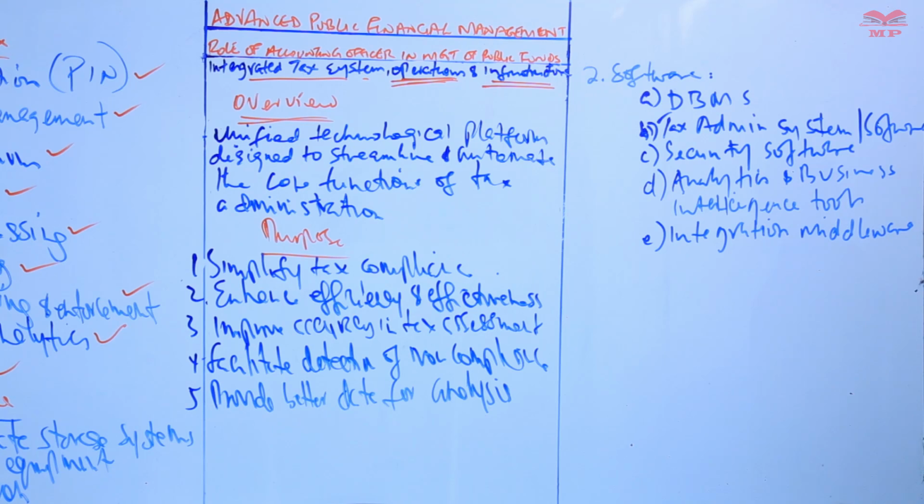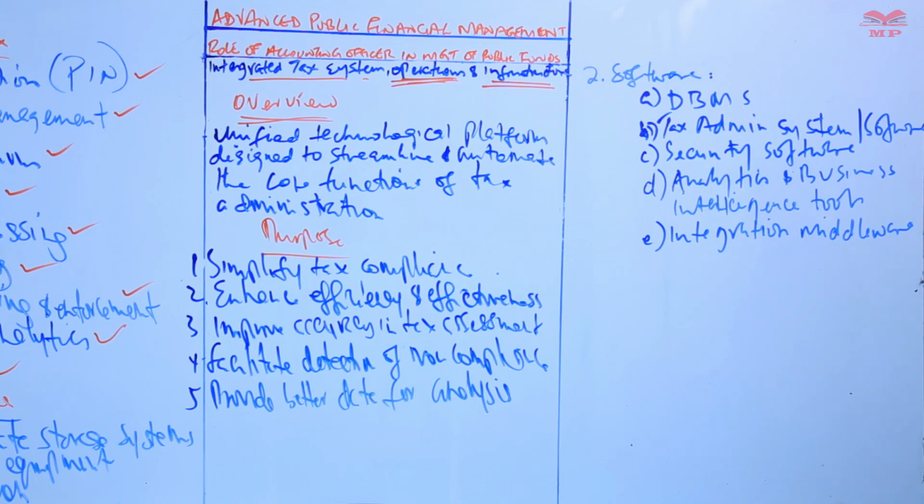This is software to facilitate seamless data exchange and communication between the integrated tax system and other internal and external systems like bank systems, national registration databases, customs systems, and so on. So this is the software that is required.